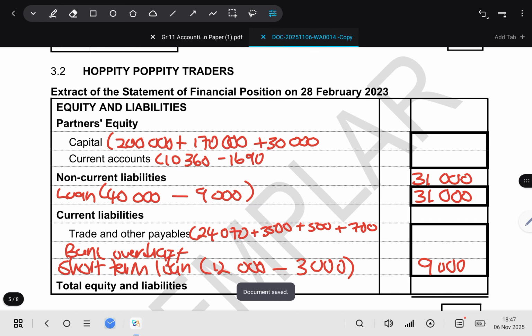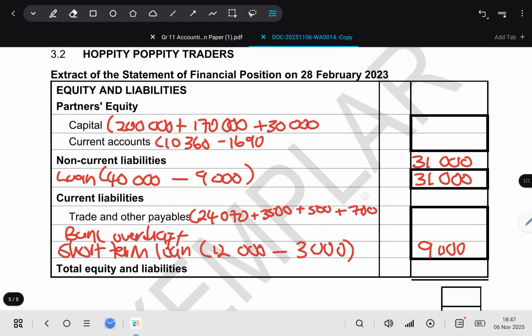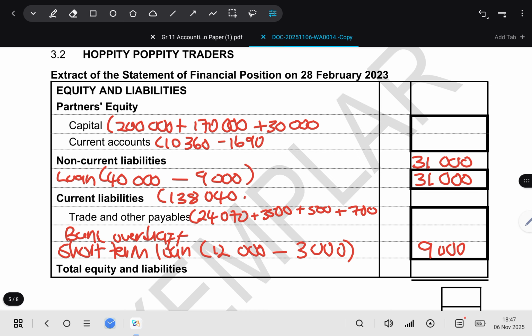So I'm just gonna go straight and write it. Under current liabilities, we're going to say 138,040 divided by 2, it gives us 69,020. Now let's get the total of our trade and other payables.